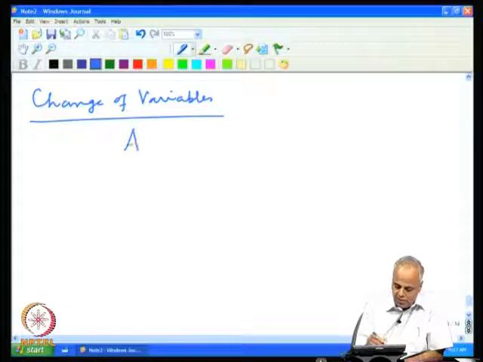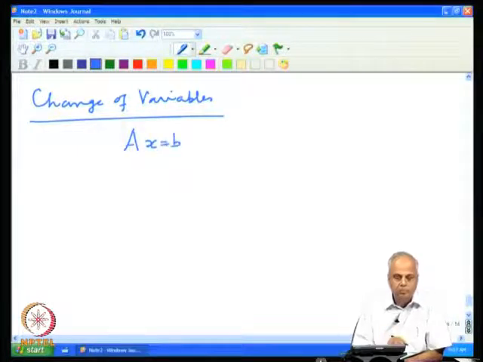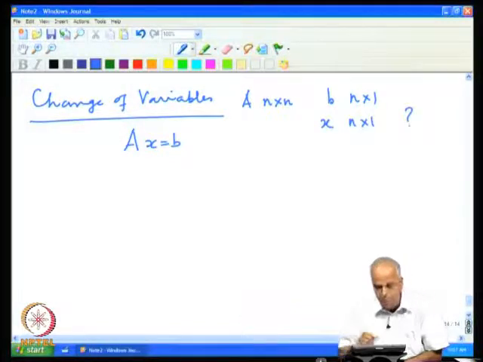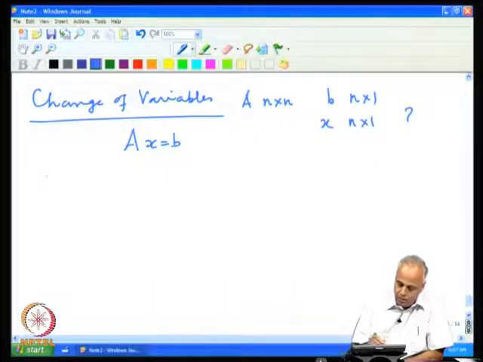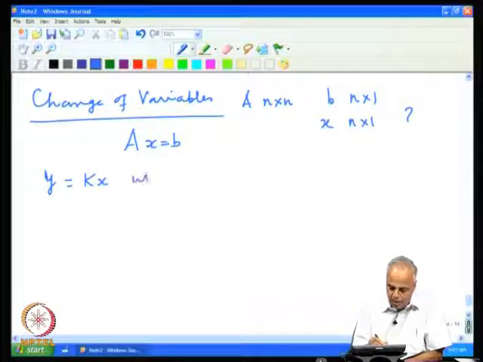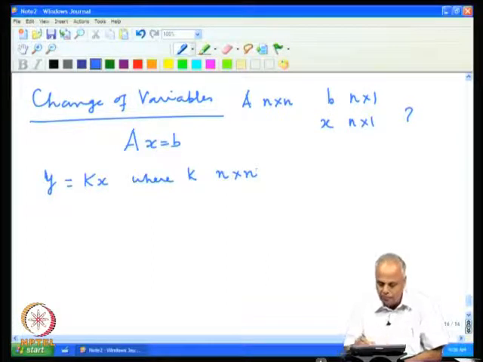Suppose we have this system Ax equal to b. A is an n by n matrix, b is an n by 1 column vector, x is an n by 1 column vector which is to be found. We want to know what is x such that Ax equal to b. Now, we introduce a new variable y, which is equal to say some k times x, where k is an n by n matrix.